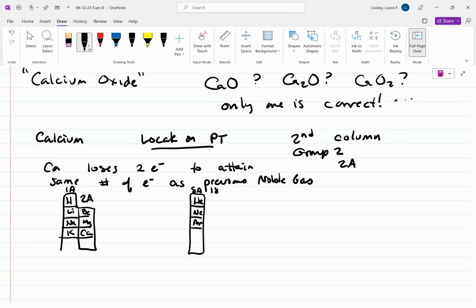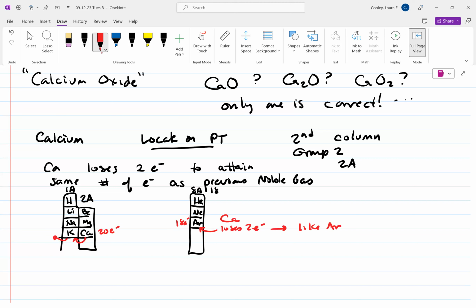So when calcium loses 2, here it would lose 1 electron, become like K, loses the second electron, it becomes like argon. So calcium has 20 electrons, argon has 18 electrons.